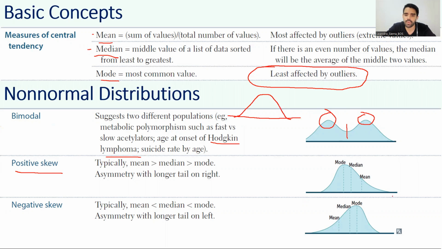A positive or negative skew distribution is when the data is transformed by outliers, or when you have outliers in your data, and that causes a non-normal distribution. For example, here you can have a high outlier that sits here and changes the composition of the curve, or you could have a negative outlier that sits here and changes the curve toward a negative value.